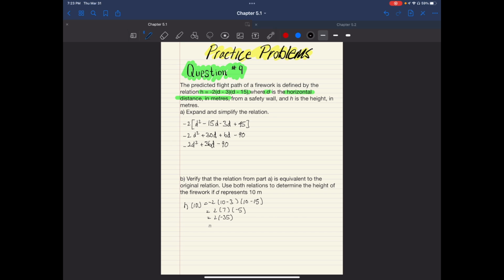Oh, sorry, this is -2. I was going to say something's not adding up. And that becomes 70 meters.